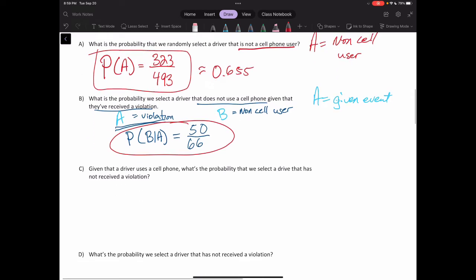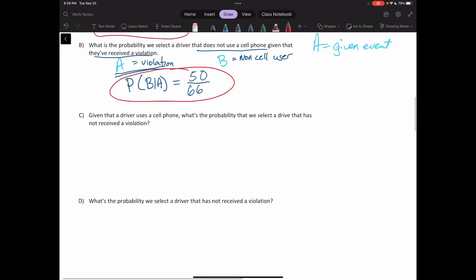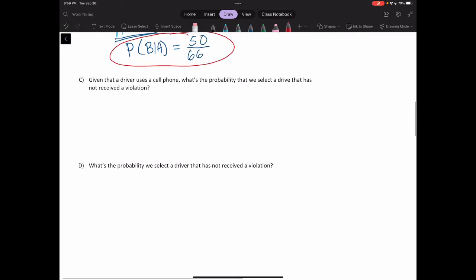All right, so remember, we want A to be the given event. All right, here we go, part C. Given that a driver uses a cell phone. So right there, that's my given event. I'm going to let that be A right off the bat. So A equals cell phone user. What's the probability we select a driver that has not received a violation? So event B, we're going to let that represent no violation.